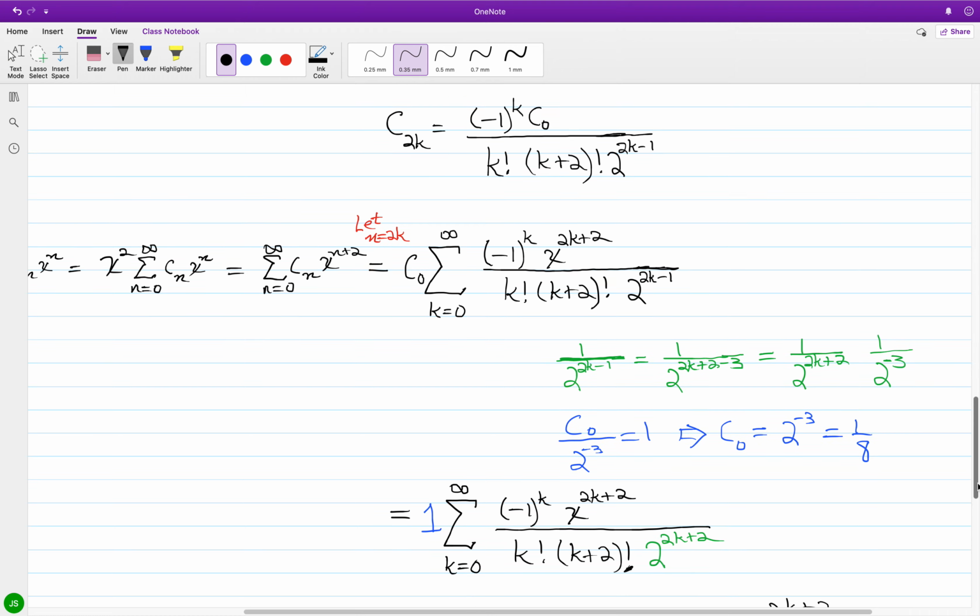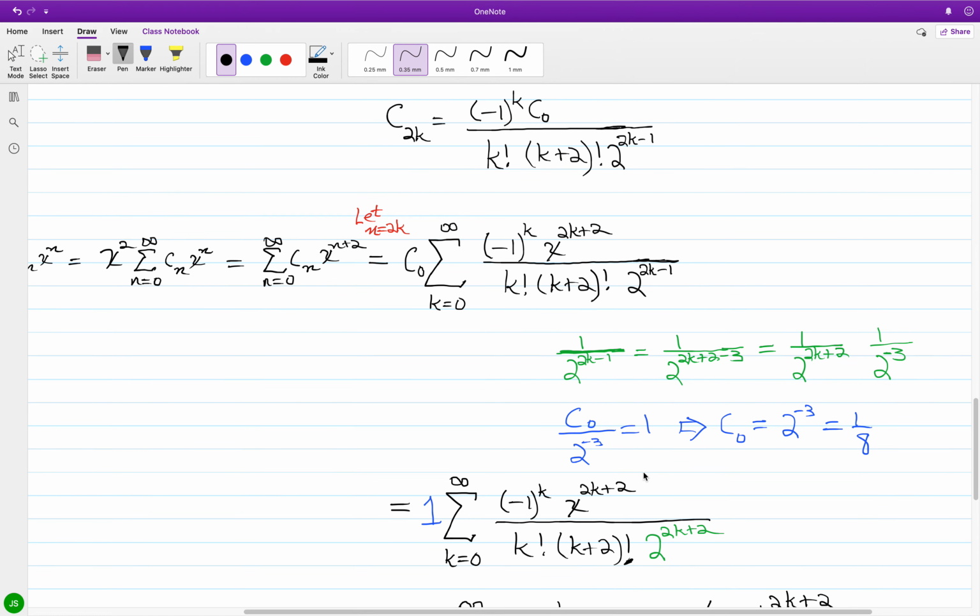I'm going to have this highlighted in blue. And then, taking what we have here, again with the numerator we have negative 1 to the k, x to the 2k plus 2, over k factorial, k plus 2 factorial. And again, branching off from 2 to the 2k minus 1, at the upper end we have 2 to the 2k plus 2. The other part combined with the constant just became 1.